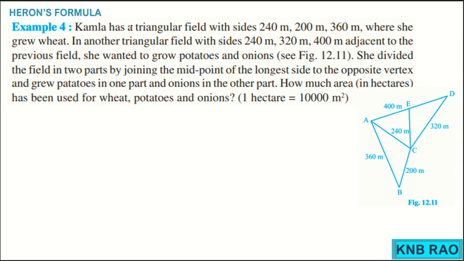Here example number 4. Kamala has a triangular field with sides 240 meter, 200 meter, 360 meter, where she grew wheat. In another triangular field with the sides 240 meter, 320 meter and 400 meter, adjacent to the previous field, she wanted to grow potatoes and onions.